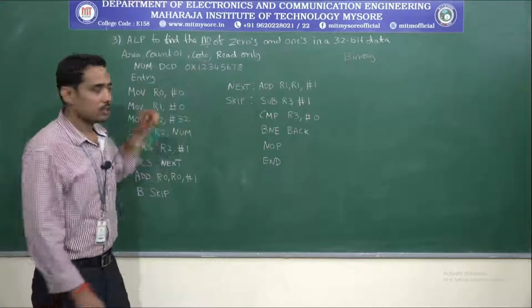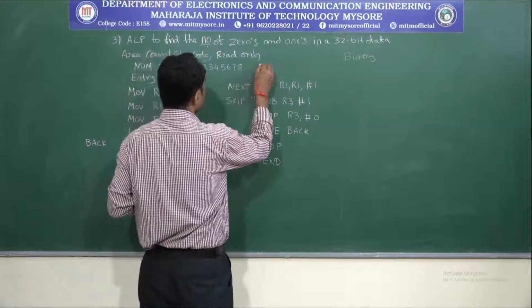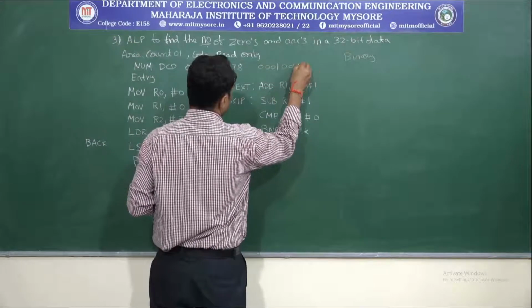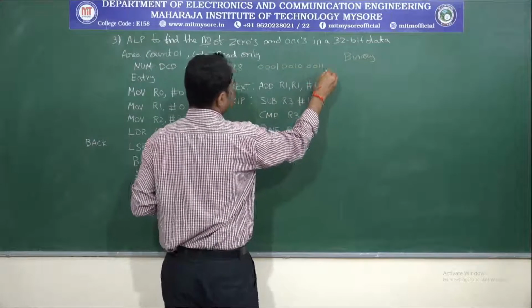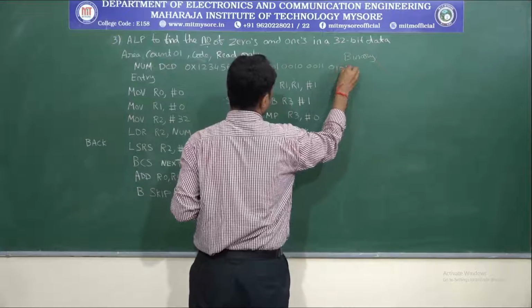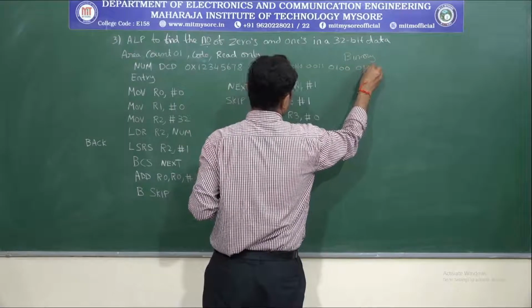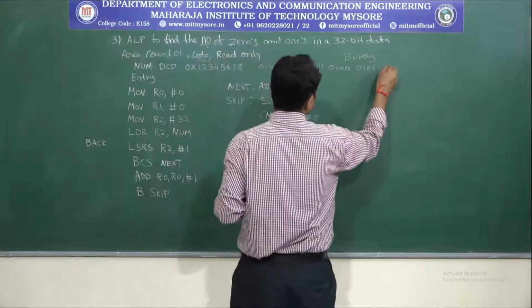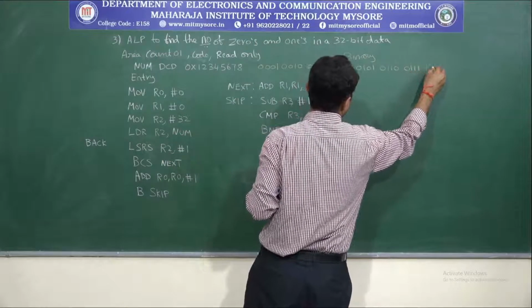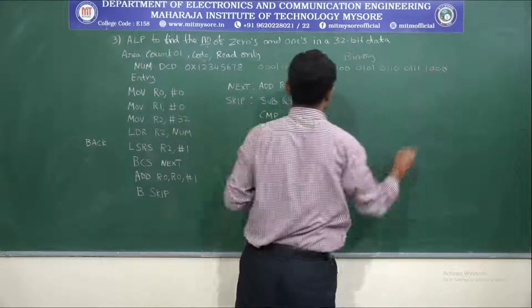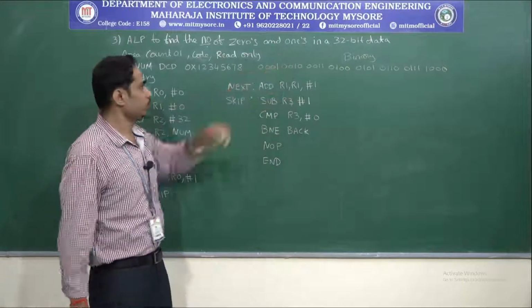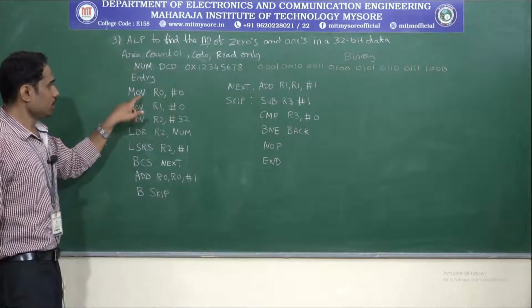This in turn can be written in terms of binary like 0001 0001 0001 1001 0010 0101. This is the 32-bit data in terms of binary.